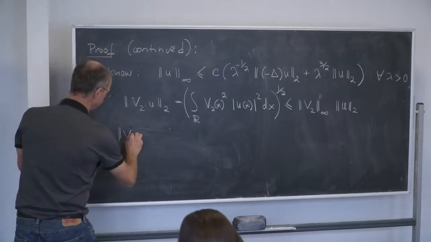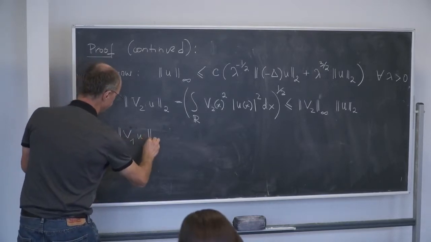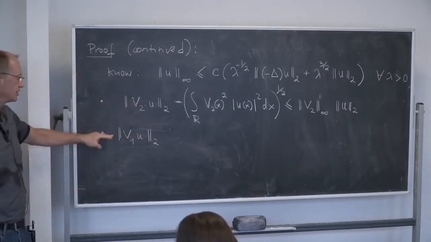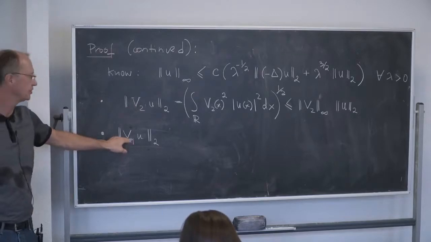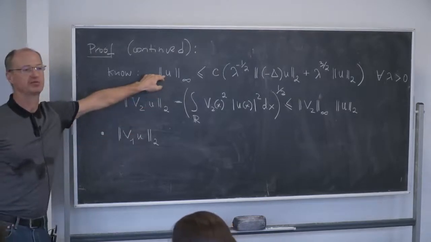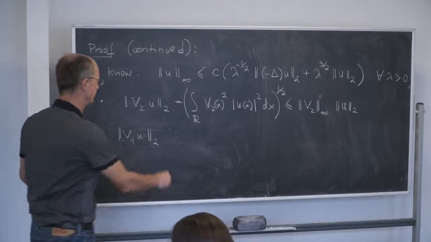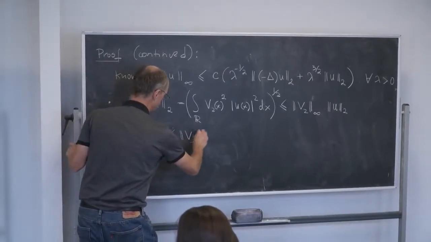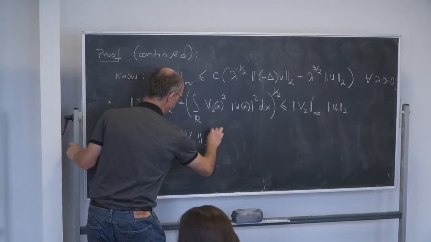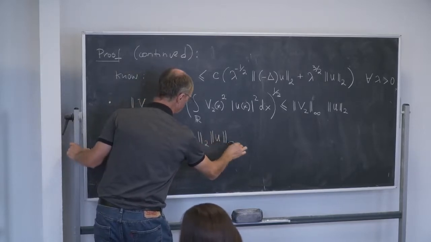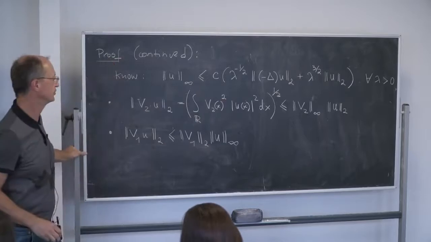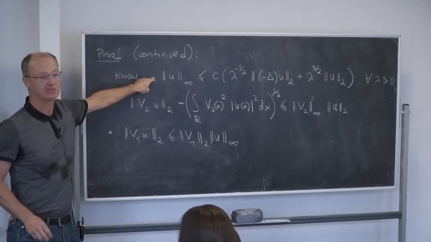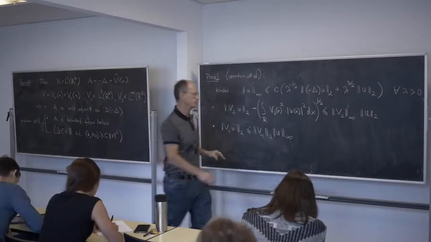Now, what about this thing? So this thing is estimated in a similar fashion. Now, this is an L2, and for this one, we have a bound on the infinity norm. So this is the 2 norm of V1 times the infinity norm of u. Now we can use this functional analytic estimate that we proved last time.